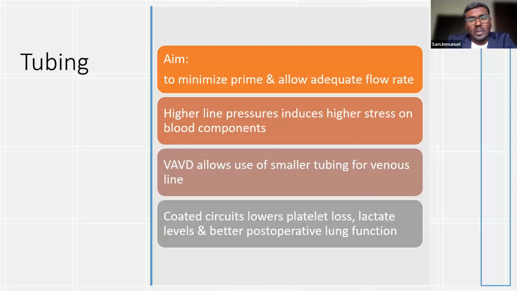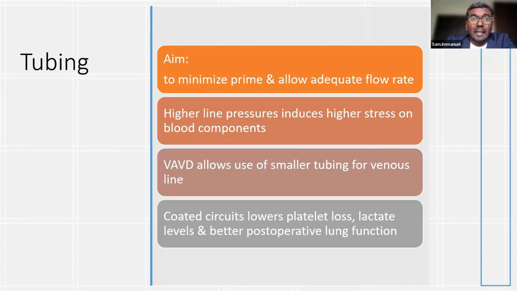So, as I was talking about the circuit, the tubing, the only aim here is to minimize the prime. Whatever prime you're going to add through, whether it is going to be a crystalloid, whether it is going to be a blood prime, albumin, all those things. But as a perfusionist, you and I have to focus on minimizing the priming and also to make sure that we flow adequately.